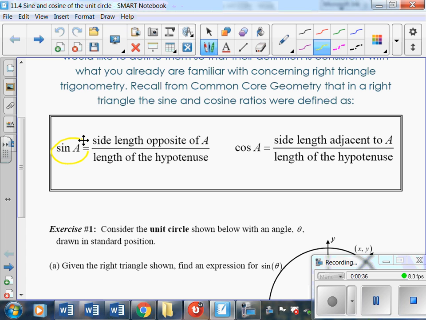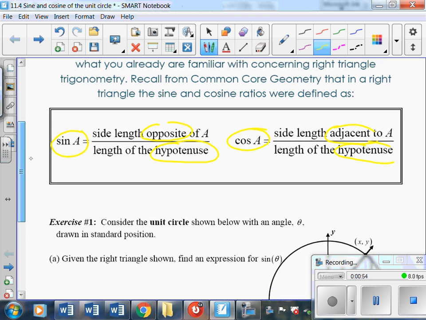So the sine is the opposite over the hypotenuse, and the cosine is the adjacent over the hypotenuse. So hopefully you mastered that last year when you were in geometry, because that's going to come back again when we talk about the unit circle today.